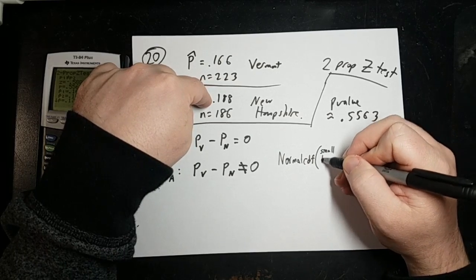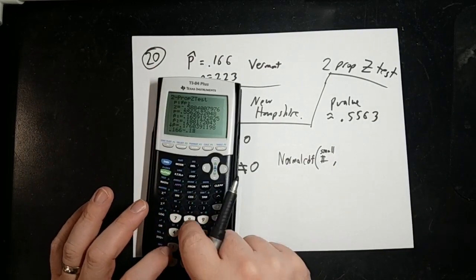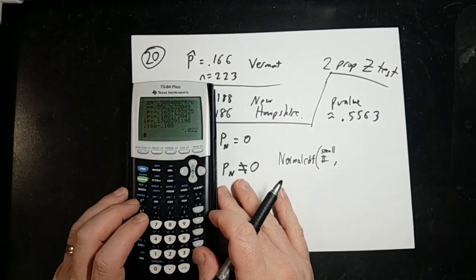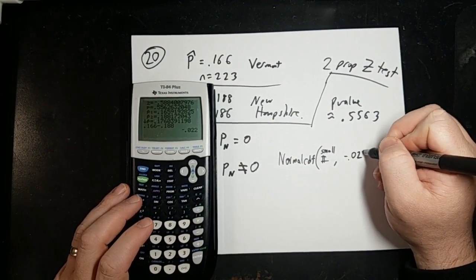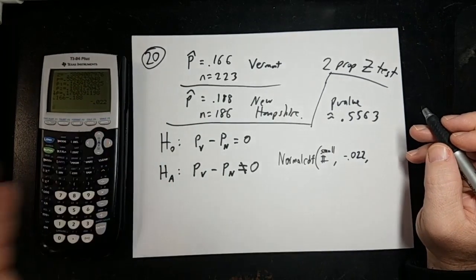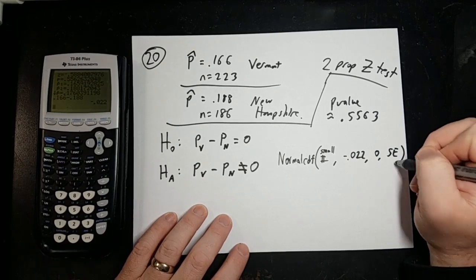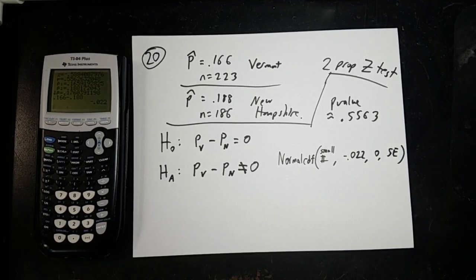So it would be negative 0.022, getting that difference or smaller, assuming no difference and a combined standard error. Now that standard error would have to be a pooled standard error because you're assuming that there is no difference between the two, which is why the hand calculation of this thing would be incredibly cumbersome.